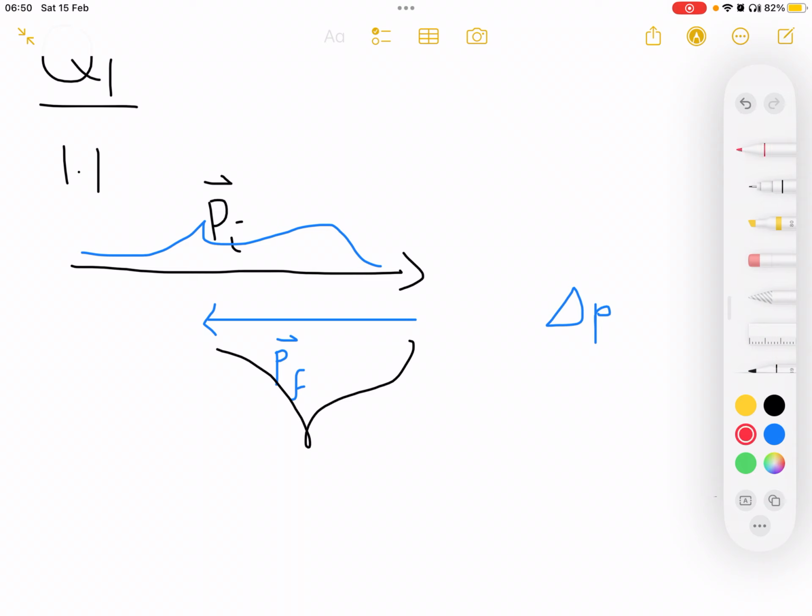So the vector for change in momentum, if we were to take this as a push forward force, that equates to, I don't know, we can give it a figure and say 100%. So this is 100%, and then P final would be 60%, as we check how the vectors are comparing.